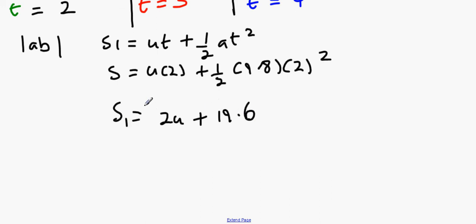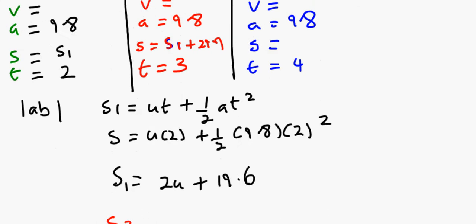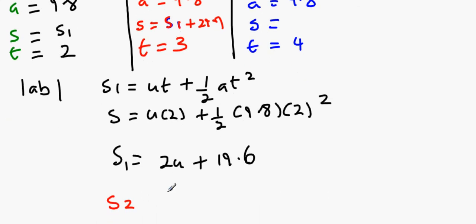So this means that S2, which is in the red writing, must be equal to 2U plus 19.6 plus 29.9.